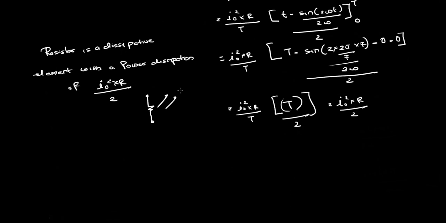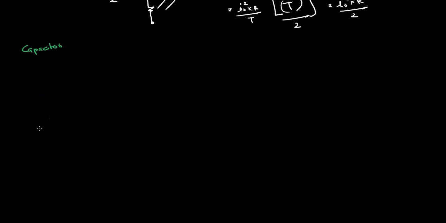Now let us move to the next component, which is the capacitor. For the capacitor, if you have a capacitor with capacitance C, and if you apply a voltage of V of t across it, then there will be a current I of t generated in it.